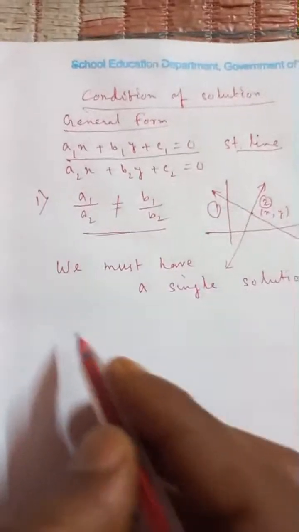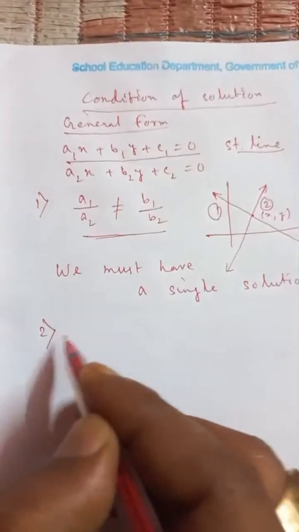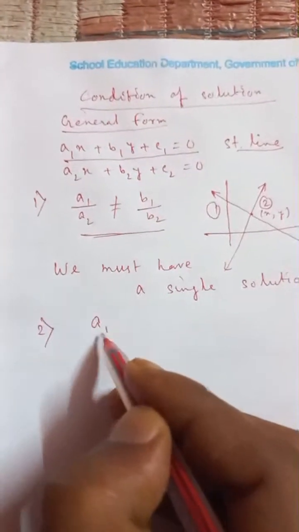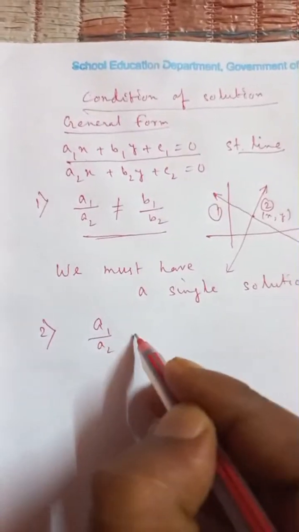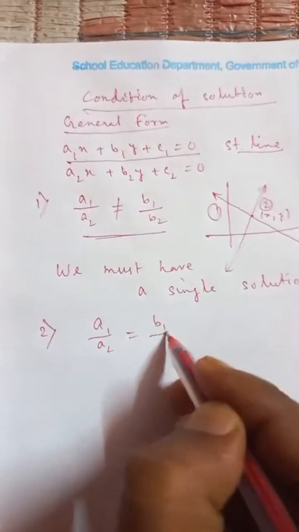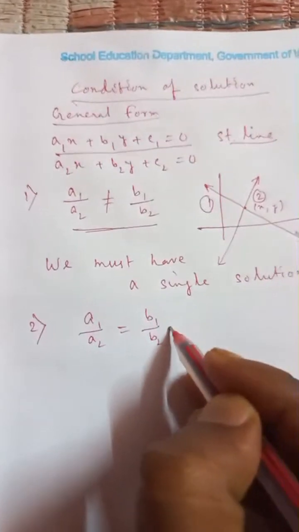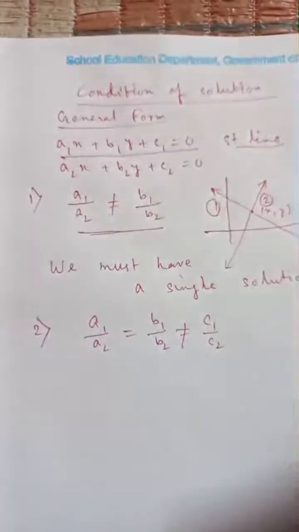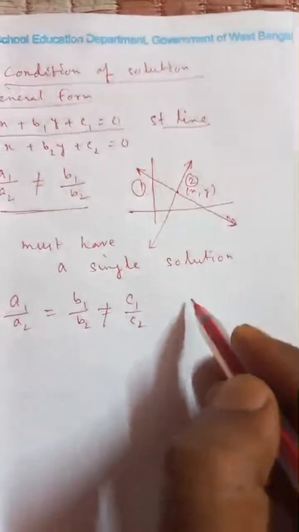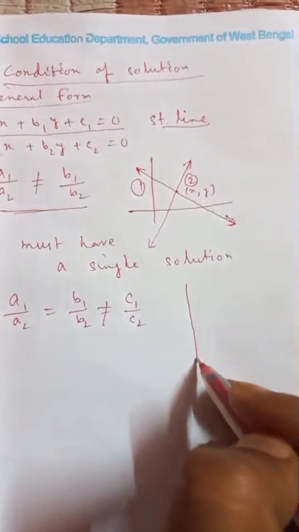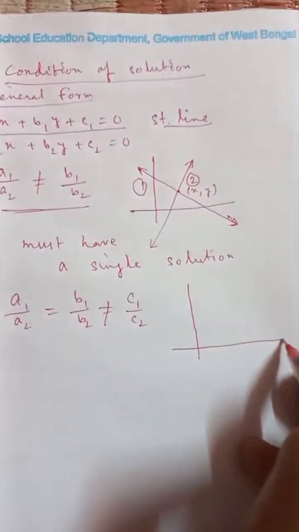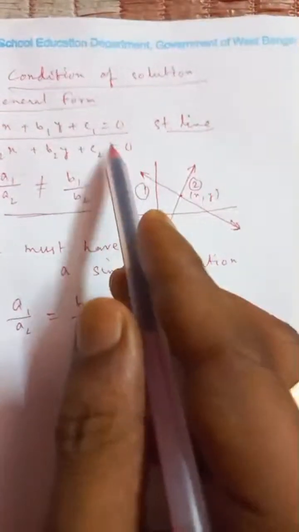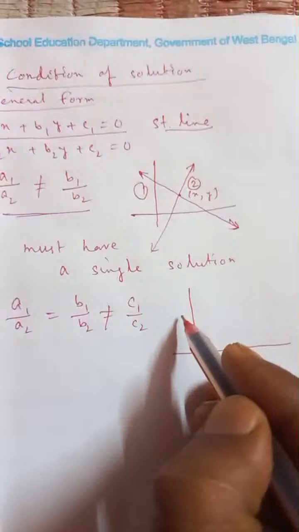And the second condition is that if a1 by a2 is equal to b1 by b2 not equal to c1 by c2, then in this Cartesian plane the two equations written above can be represented in this way.